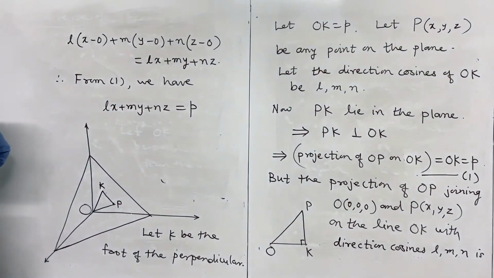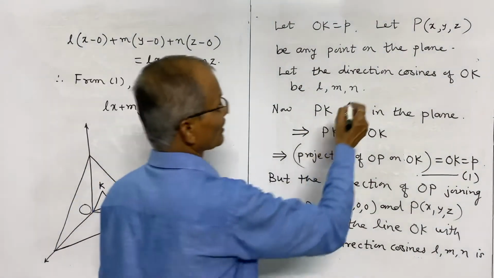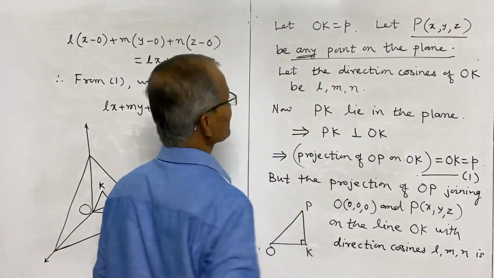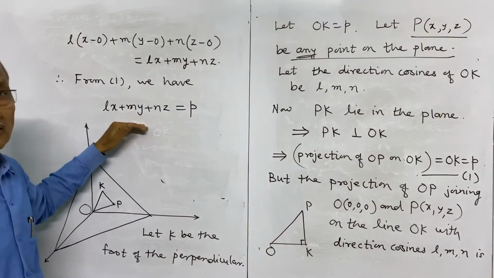And now you see P is a point on the plane. Here we have written P is any point on the plane. Any is important, and that means every point on the plane satisfies this equation.